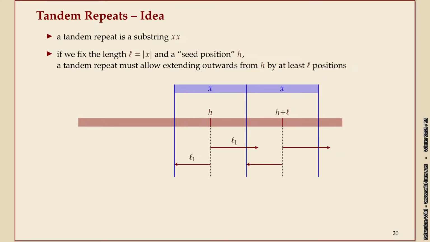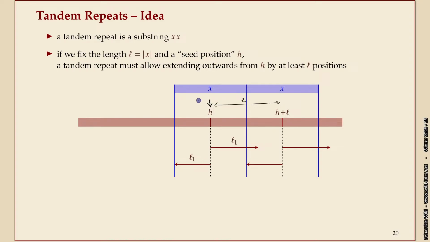The solution in this case is indeed a little less efficient than what we've seen so far. It's built on this idea that if we have some seed position h that we fix and some length L that we fix, then if there is a tandem repeat that somehow overlaps this seed position h, it has to occur also L positions later again.